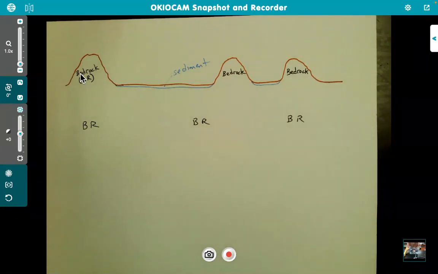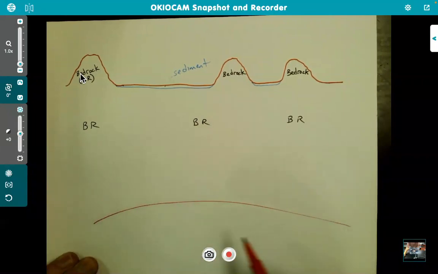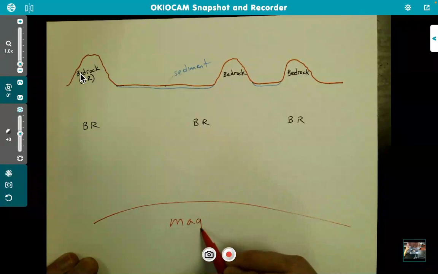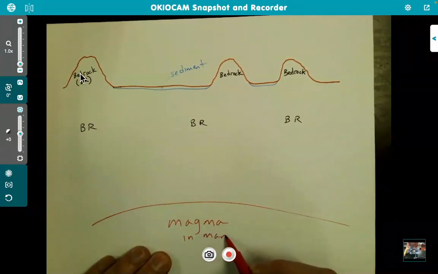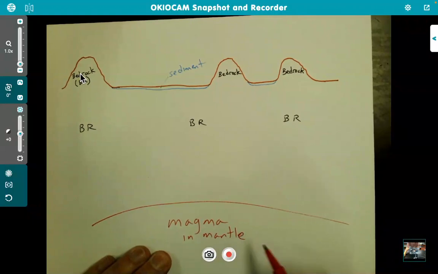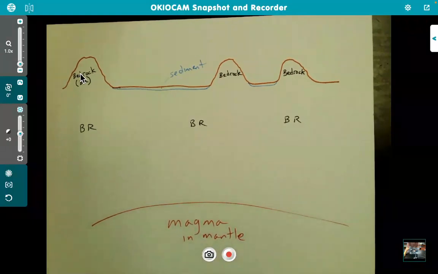We also know that way down here, we've got magma in the mantle, because it's getting really hot down there. It's molten rock. And from our reading, if we heat up the clay a little bit, it gets softer.